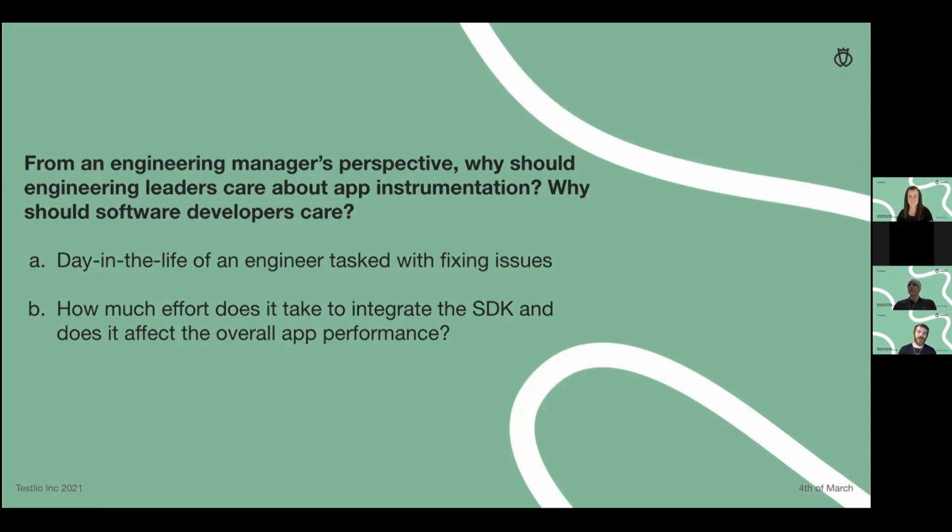And from the single engineer point of view, it is a similar thing. Engineers usually don't like to spend time on fixing bugs to understand what the hell is going on. Rather, they would like to understand, okay, what were the exact steps taken, what happened within each of these user actions, swipes, user inputs.